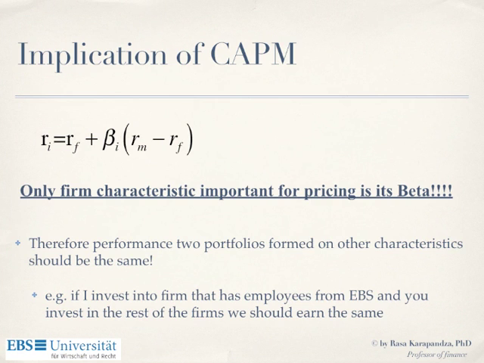Now, what does this imply? The CAPM equation implies one important fact, that the return of your investment in a company, the return that the company gives you, depends only on one firm characteristic, which is beta.